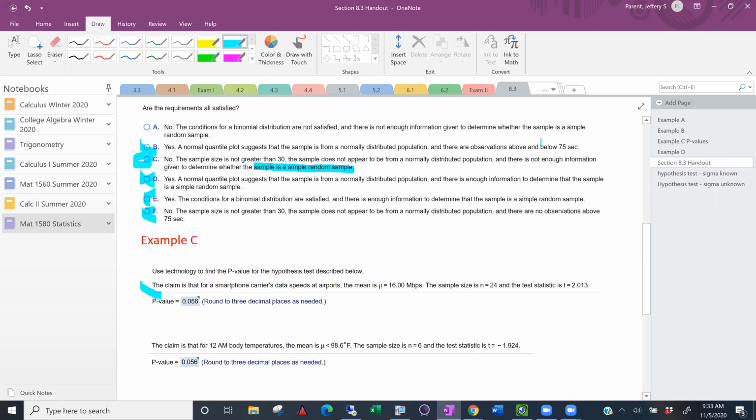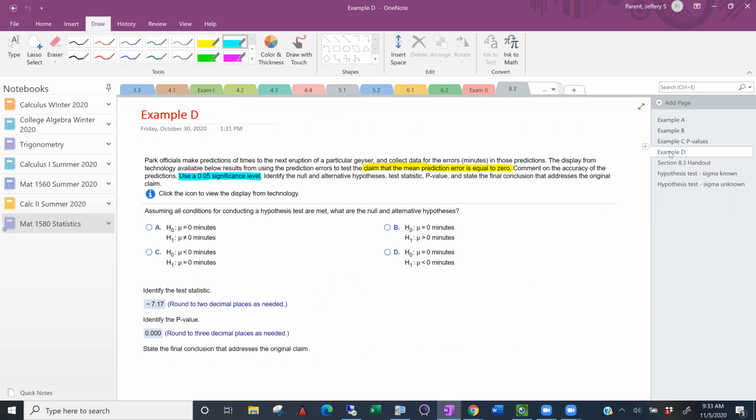Okay, so we've danced around enough that it's time to actually do a full example. So let's flip over to example D here. Park officials make predictions of the times of the next eruption of a particular geyser.